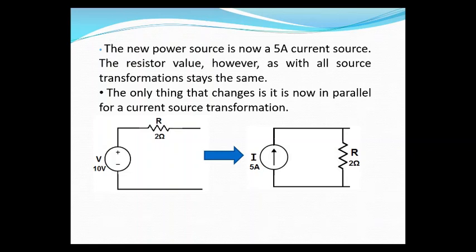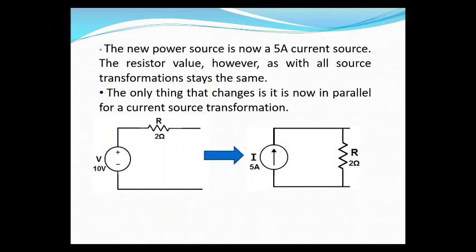See, the resistor value, as with all source transformations, stays the same. The only thing that changes is that it goes from series to parallel. All of you remember that a resistance is always in series with a voltage source and in parallel with a current source.